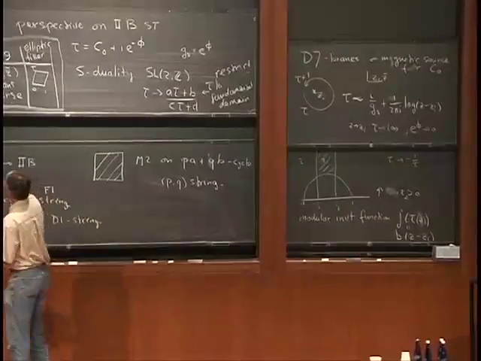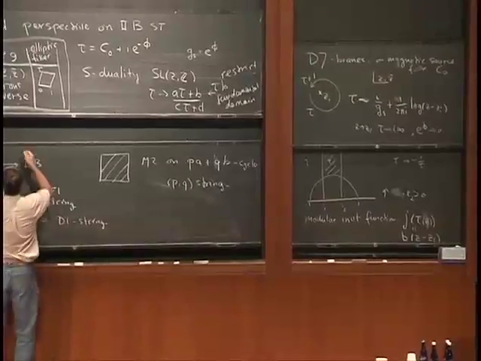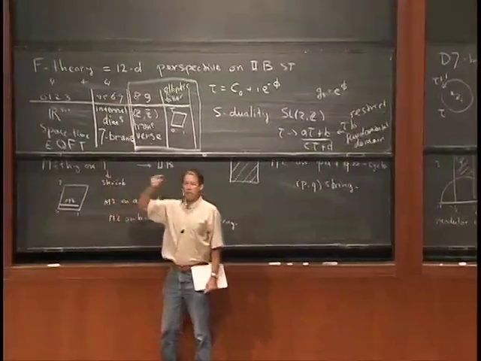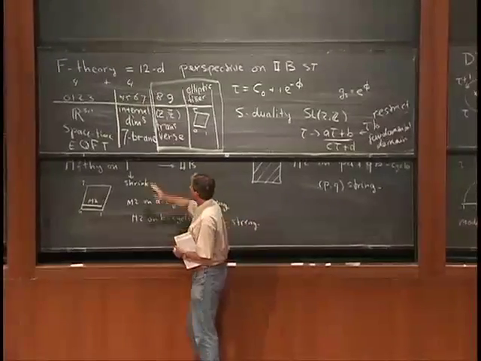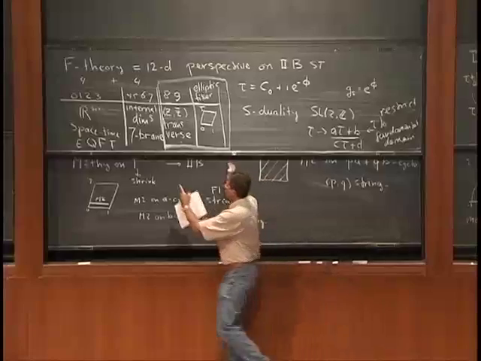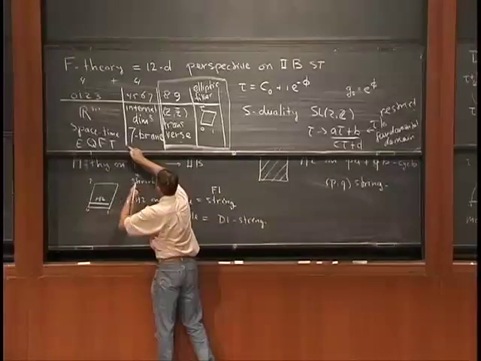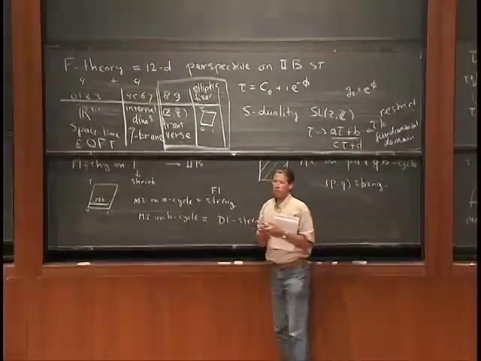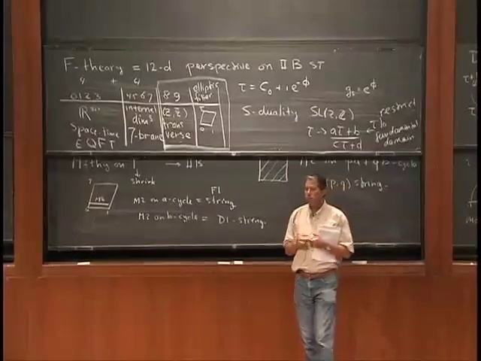In general, in terms of string compactifications, all these 8 dimensions are going to be made use of, and combined, these 8 dimensions, the compact dimensions, including this elliptic fiber, will be this Calabi-Yau fourfold.